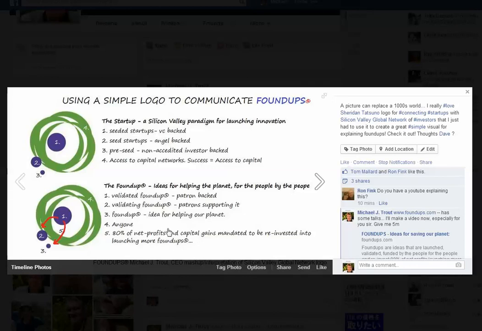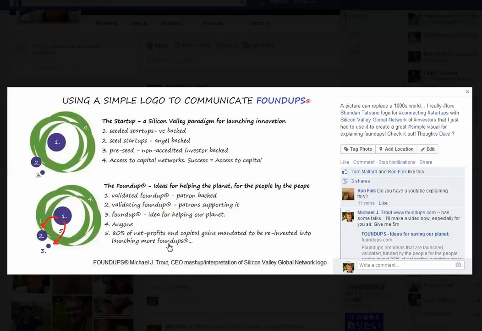So what's really important is number 5: the 0.1% of FoundUps that are like FoundUps Corp, that will be revenue generating FoundUps, are mandated to reinvest 80% of the net profits into launching more FoundUps by the stakeholders. A stakeholder is someone who owns the shares. So it's not like the CEO is saying, 'Oh, I'm going to put all the net profits,' like it is right now with the current corporate model, where you've got a board or very few people deciding where those net profits go.